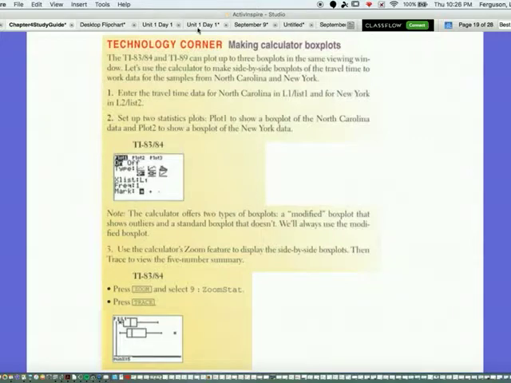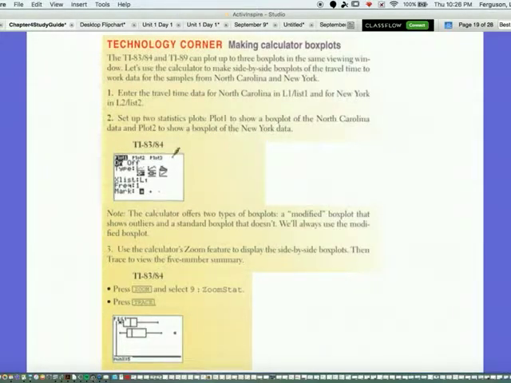Of course, there's directions for how you can make your own box plot on your calculator. You could start by using the travel time data for North Carolina in L1 and for New York in L2, and then make a two statistics plot: Plot 1 to show a box plot of North Carolina and Plot 2 to show a box plot of New York.